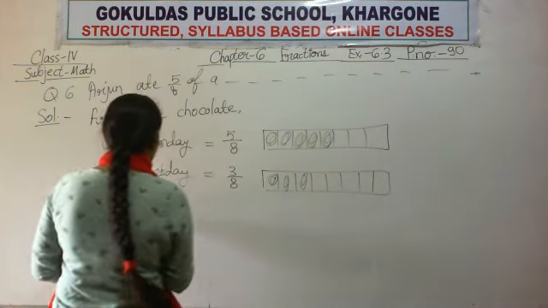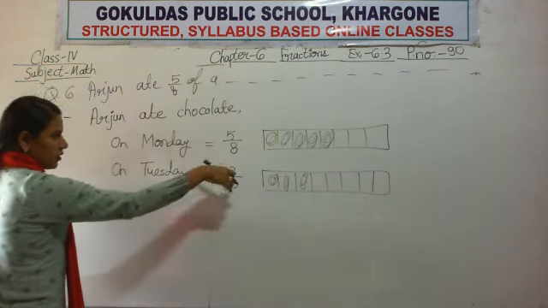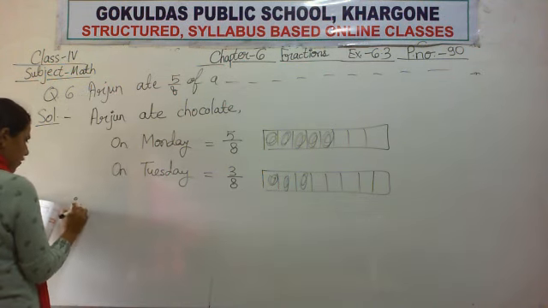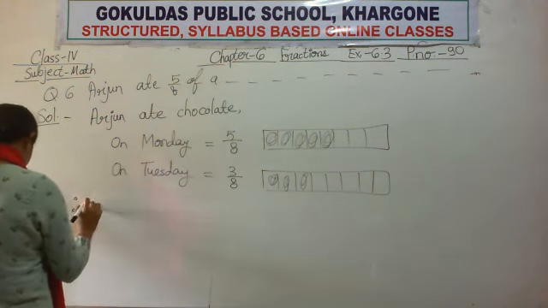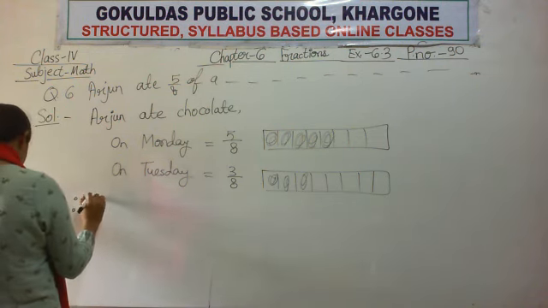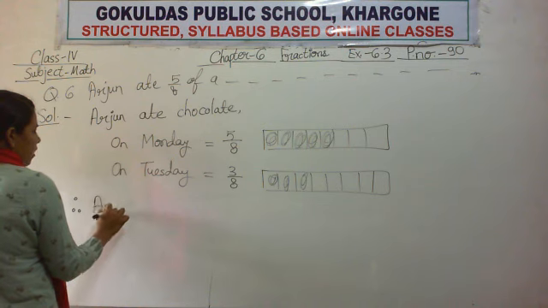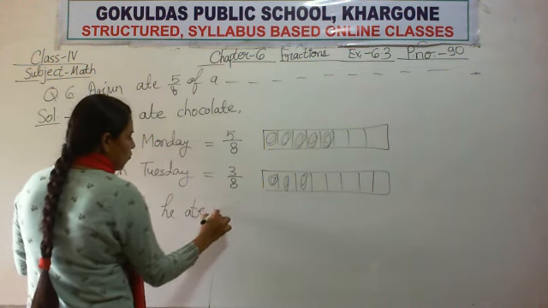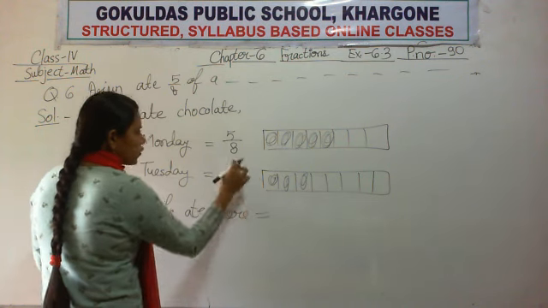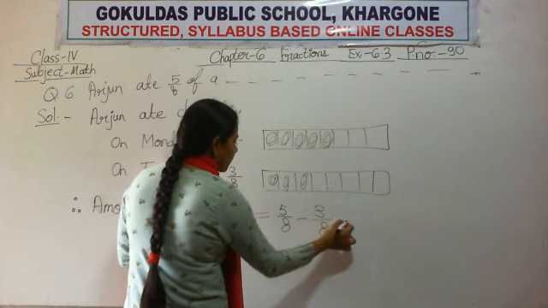So, we will subtract both the numbers. Therefore, the amount he ate more is equal to 5 upon 8 minus 3 upon 8.